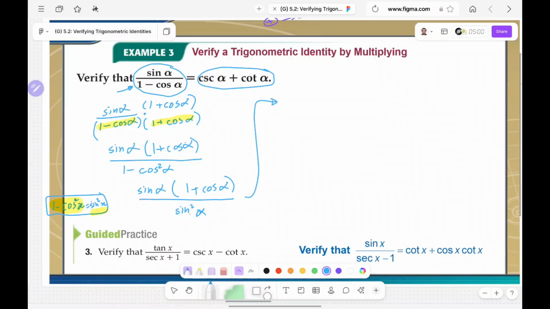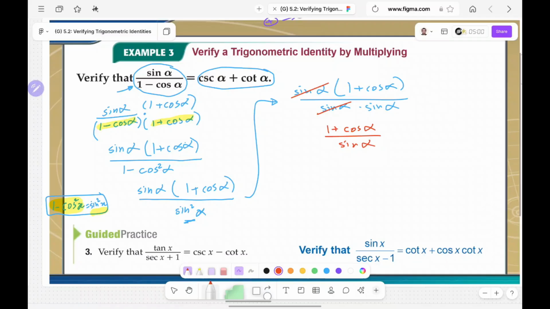Now sine squared beta can be cancelled with a sine, because it will be sine beta times 1 plus cosine beta over sine beta times sine beta, because sine beta times sine beta means sine squared. Can I cancel? Yes, I can cancel this with this. It means 1 plus cosine beta over sine beta.